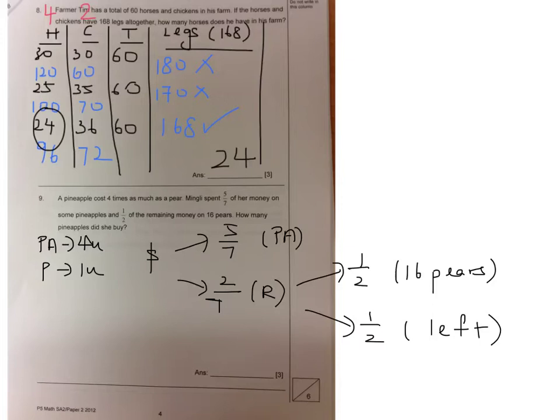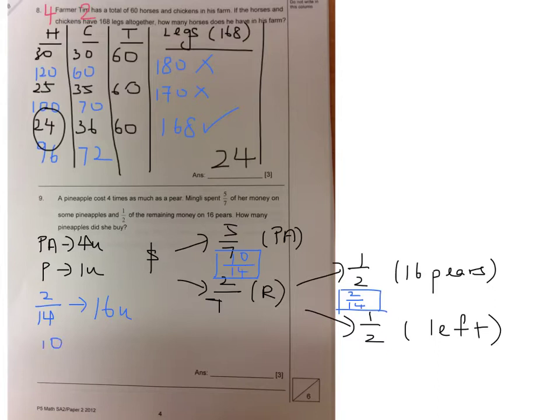First of all, we try to find out what's inside this box first. You get 2 over 14. So you realize that with 2 over 14 of the money, you can buy 16 pears, which is actually 16 units. 5 over 7 under this box is actually 10 over 14.